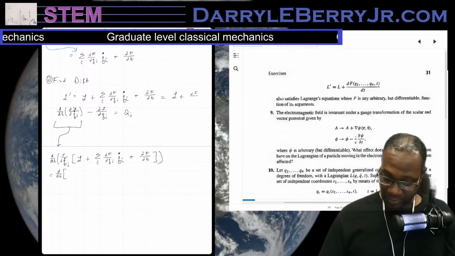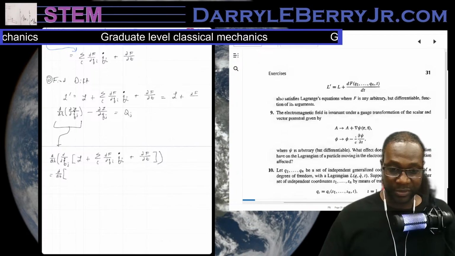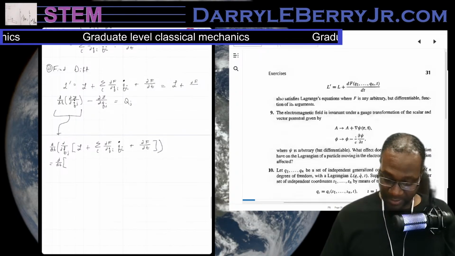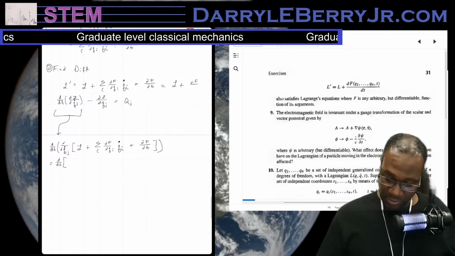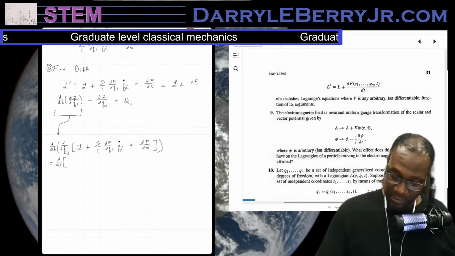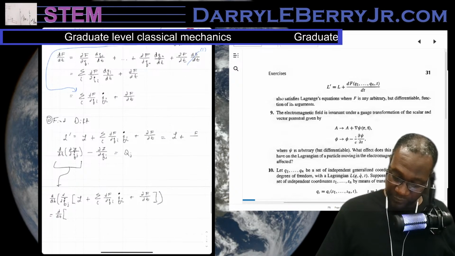And basically what we're doing is trying to work through these solutions that the professor has. And I see how she basically plugged in this as a full derivative here.